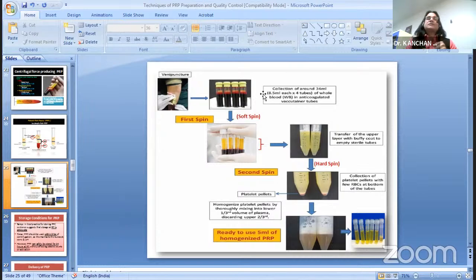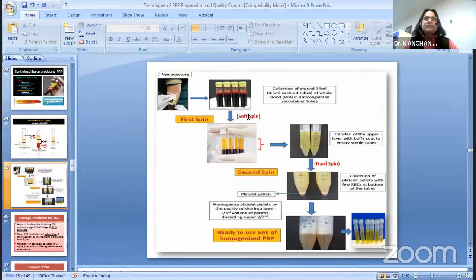Suppose you need 2 ml PRP, you have to collect 20 ml blood from the patient. If you want 5 ml PRP, you have to collect 50 ml blood from the patient. It also depends on the patient having a normal concentration, a normal ratio of platelets in their body. Otherwise, you have to manipulate. So suppose you need 4 ml PRP, you have to collect 40 ml blood.